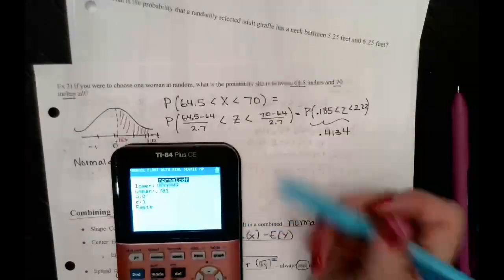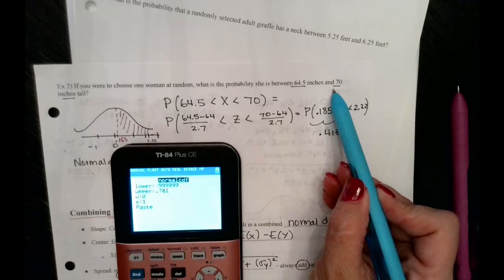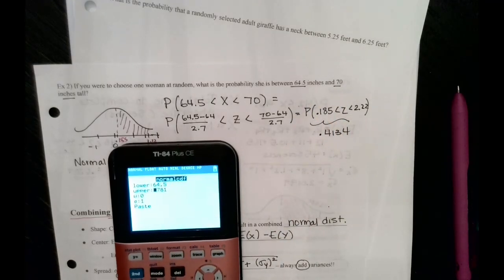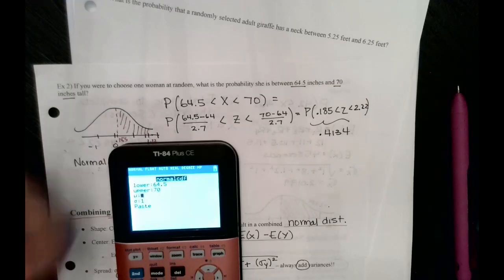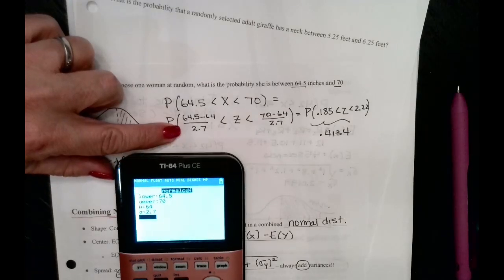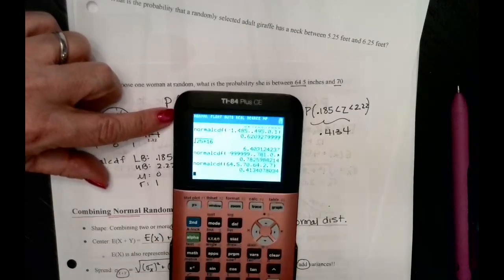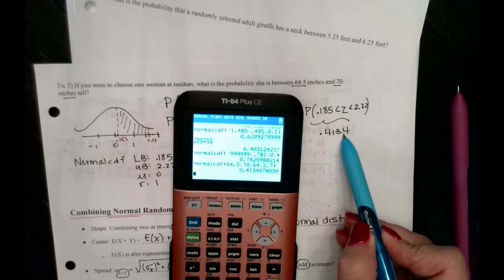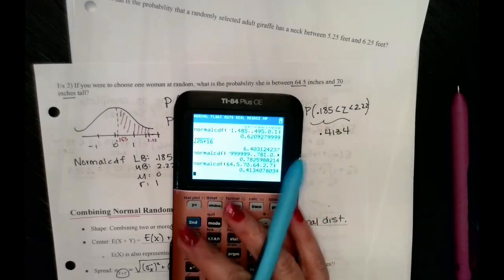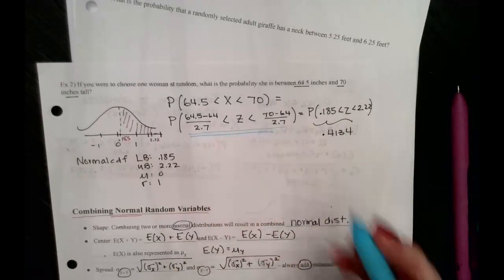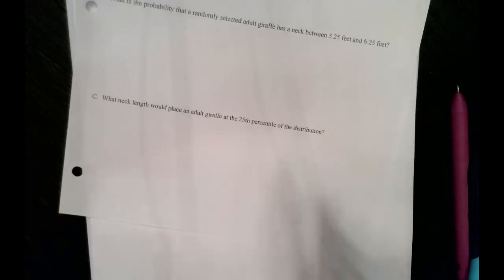So here's the one where we had the ladies between 64 and 70. If I use my lower bound at 64.5 and my upper bound at 70, and I'm using my mean of 64 and my standard deviation of 2.7, and I plug all of this in, I still get the same value, 0.4134. So we did this back when we did area and proportions of normal graphs. We said, okay, just put in your lower bound and your upper bound, but with probability, they want to see the z-score. So make sure you've got that part, okay?